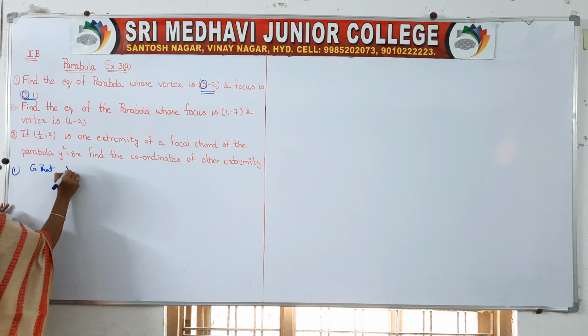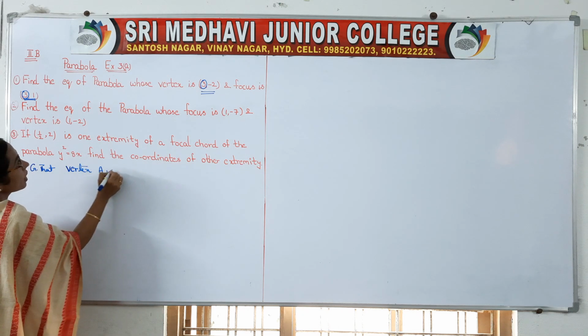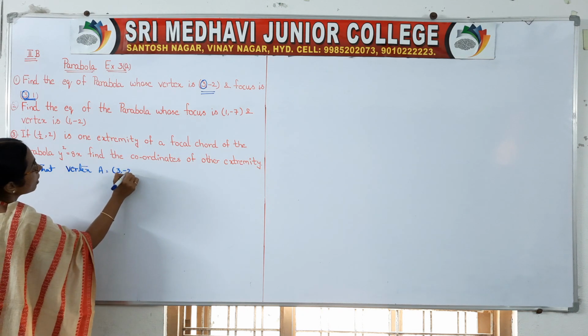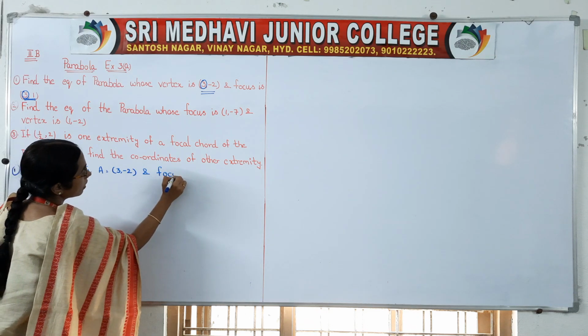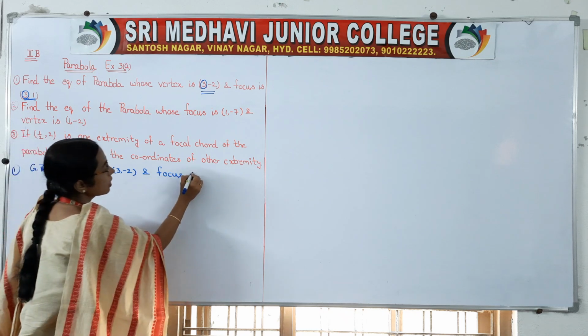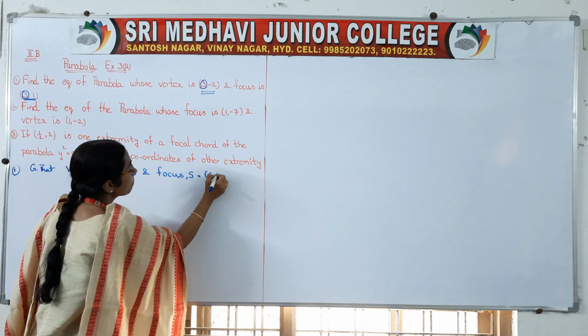Given that vertex, what is your vertex? Vertex, it is denoted by A, is equal to (3, -2), and focus is given to us, right? Focus, what is that? S is equal to (3, 1).